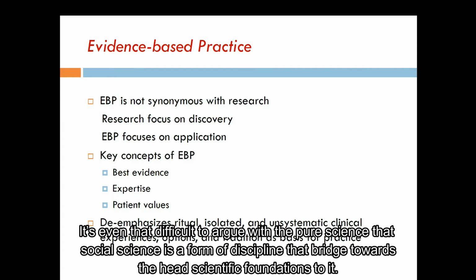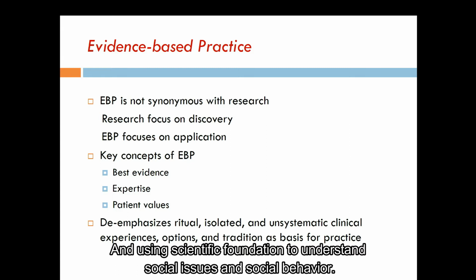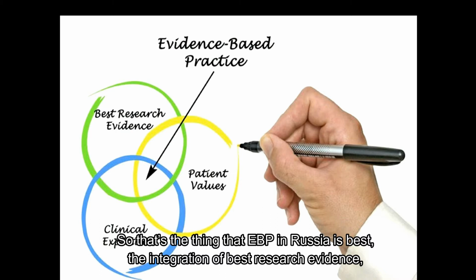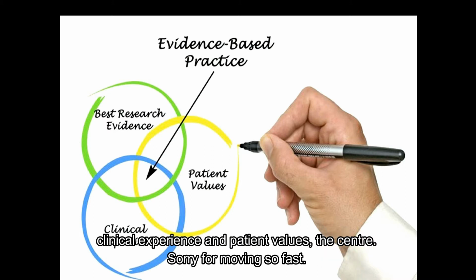It was difficult to argue with the pure sciences that social science is a discipline that has scientific foundations, using a scientific foundation to understand social issues and social behavior. So that's the background. EBP, in a nutshell, is the integration of the best research evidence, clinical experience, and patient values.